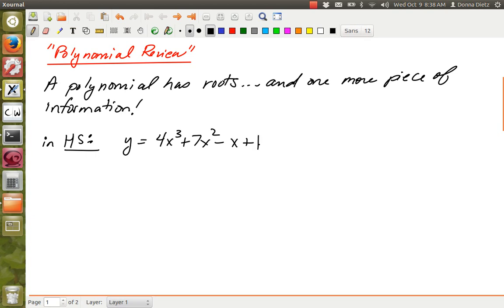That would be a cubic, and what you see is coefficients: 4, 7, minus 1, 1. This guy, 4, is a coefficient. This guy, 7, is a coefficient. The negative sign is really a negative 1. And then the plus 1. Those are your 4 coefficients. That's what we look at in high school.